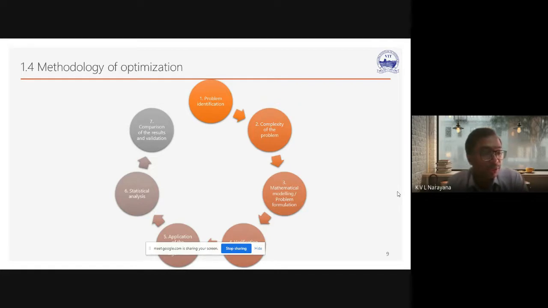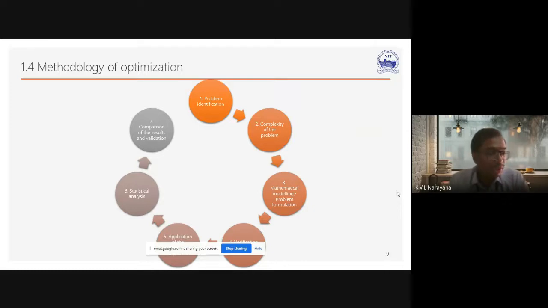If the objective function is not properly modeled, if you take inaccurate, imprecise data for the modeling, that may lead to inaccurate results, that may lead to bad solutions. We may not end up with the best solution. So the formulation of the mathematical model of a problem is a very, very important step in the optimization process. In order to apply any optimization algorithm, the mathematical modeling of a problem is very important.